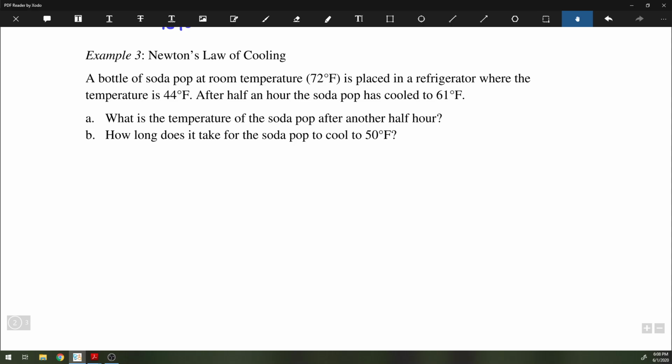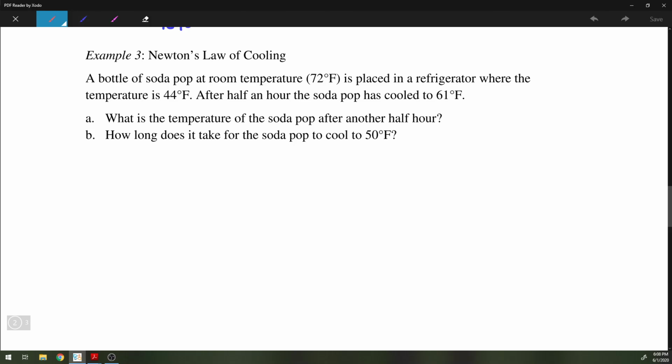Okay, so it's going to be slightly different this time. We will have dT/dt is equal to k times (T minus 44). And the reason it's T minus 44 is because once the soda pop reaches 44 degrees Fahrenheit, the refrigerator's temperature, it is not going to go below that number.